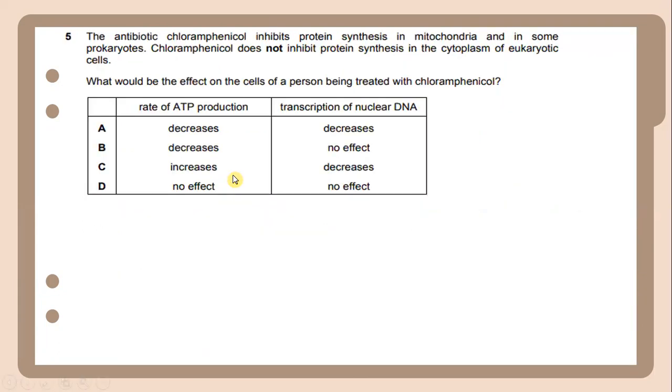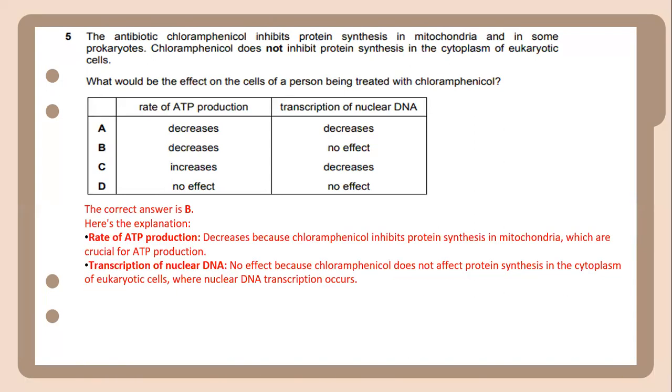Number 5. The antibiotic chloramphenicol inhibits protein synthesis in mitochondria and in some prokaryotes. Chloramphenicol does not inhibit protein synthesis in the cytoplasm of eukaryotic cells. What would be the effect on the cells of a person being treated with chloramphenicol?